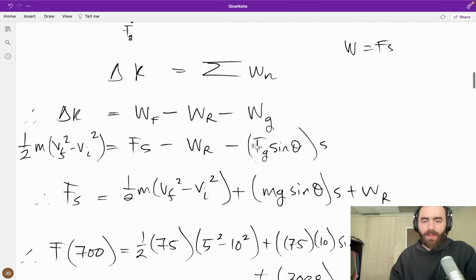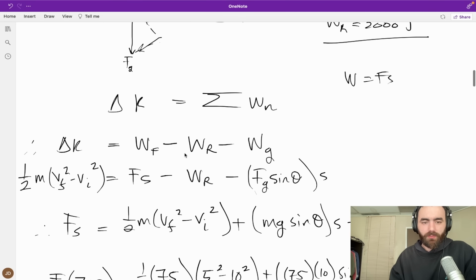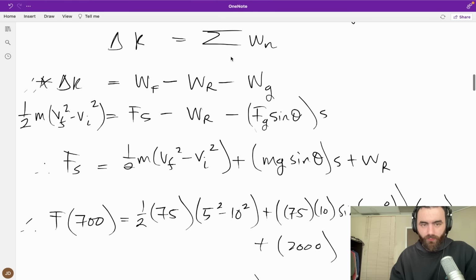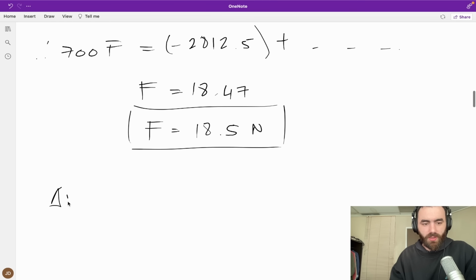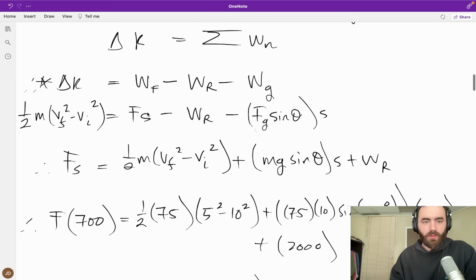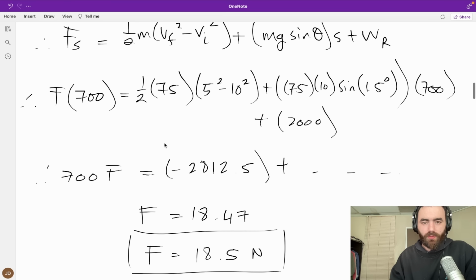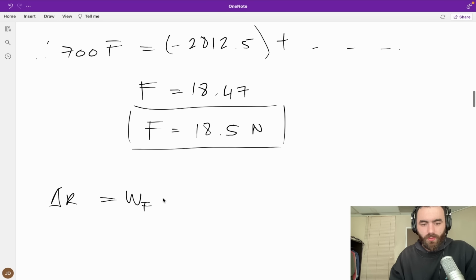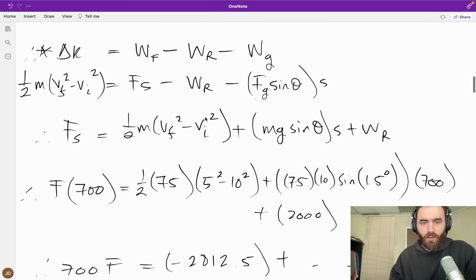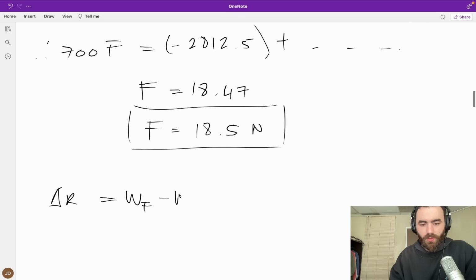Okay, and again, if you want to think about it differently, well, this equation here, which we got from the work-energy equation, we got the change in kinetic energy equals the work done by F minus the work done by the resistance force minus the work done by gravity.